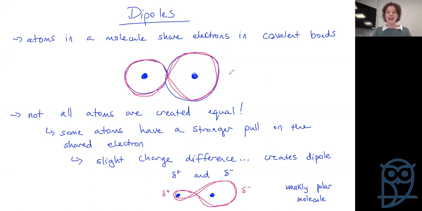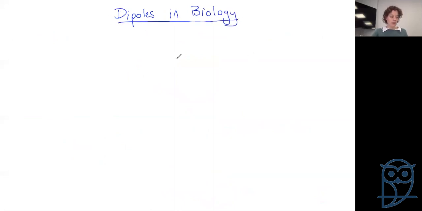Right, so how does this then come through into biology? If we take it to talk about dipoles in biology, there are three big ones to be aware of. You've got your OH, your C double bond O, and your NH.